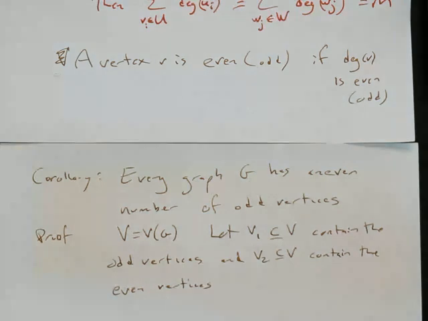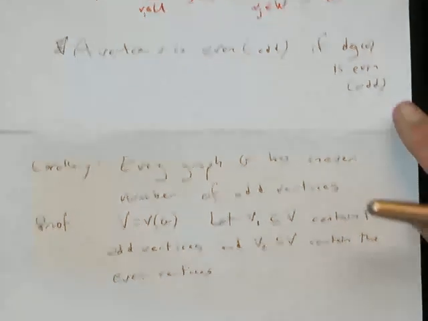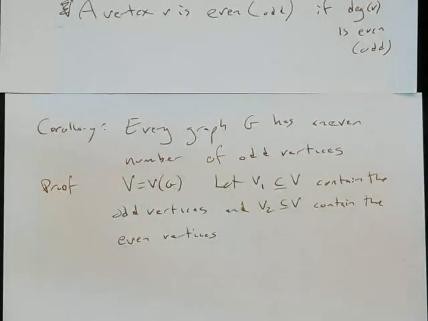I'll pile all the odd vertices into pile 1. I'll pile all the even vertices in pile 2. Our theorem says the total of all the degrees must be even.